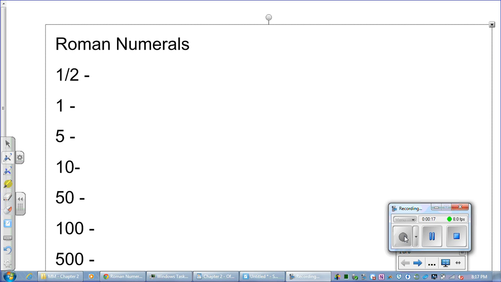So with Roman numerals, we have to start off by knowing what the value is from our system to the Roman numeral system.